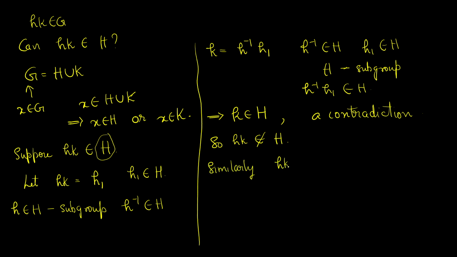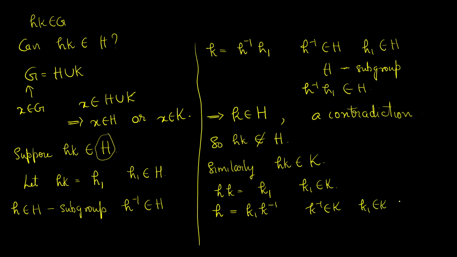Now similarly, suppose that HK is in K. Then we will have that HK is equal to some K1, where K1 is in K. Multiply by K inverse on both sides, then we will get that H is equal to K1 K inverse, and K inverse is in K and K1 is in K. Now K is a subgroup, so again it will have the closure property, so we will have that H is in K. Again this is a contradiction, right?